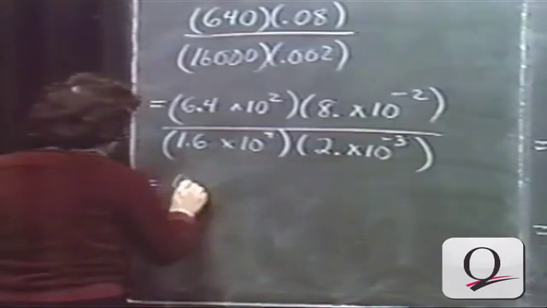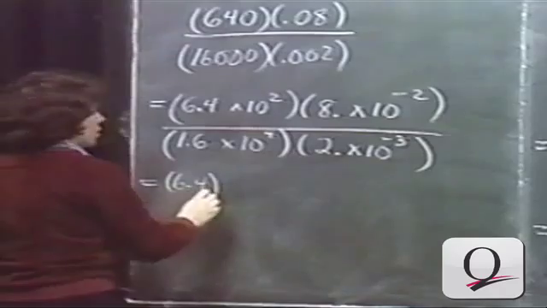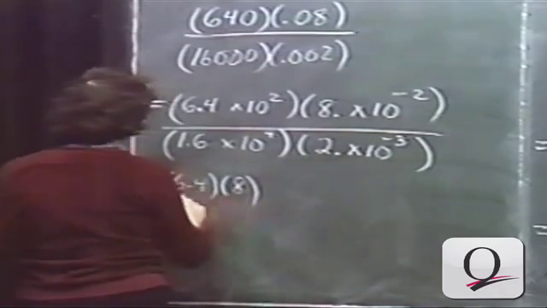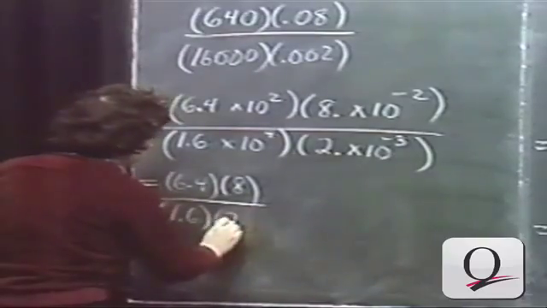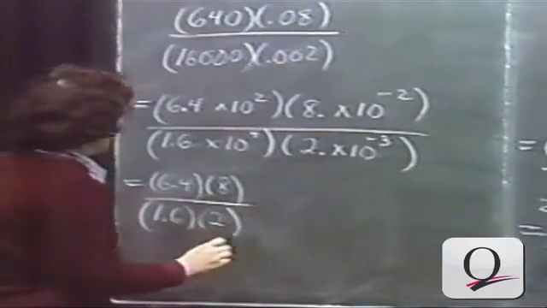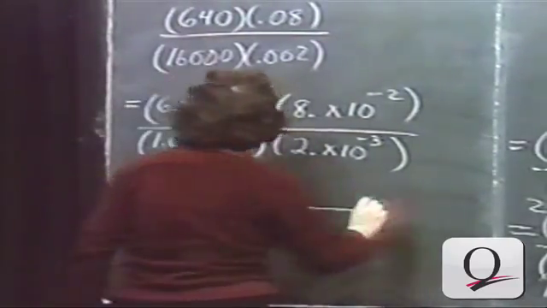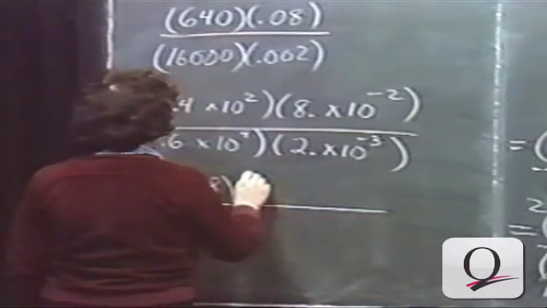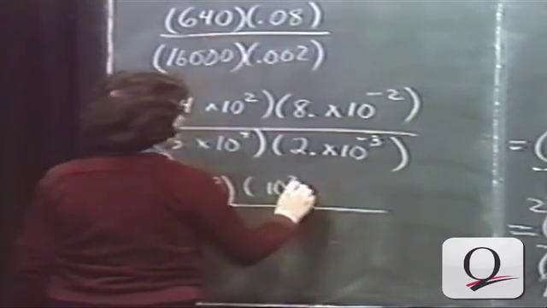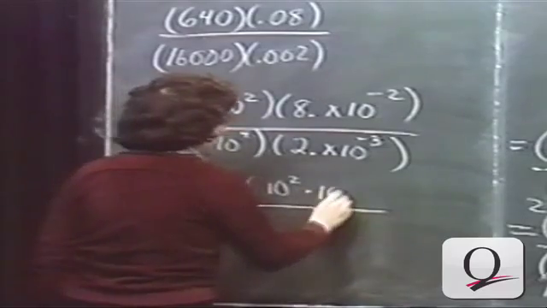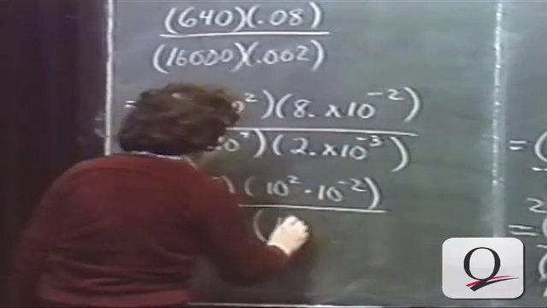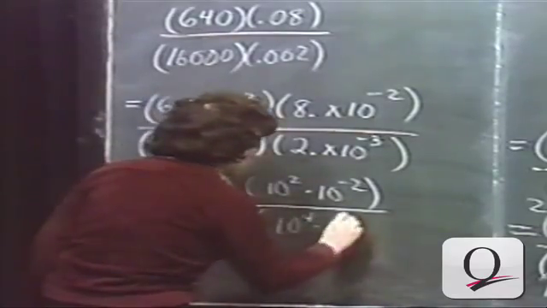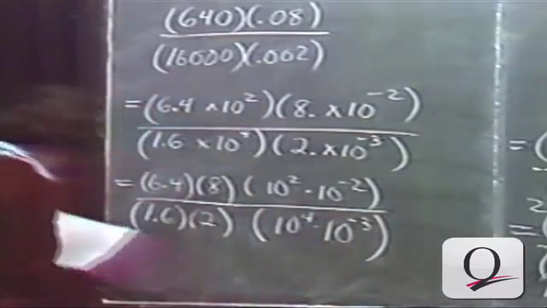Okay, we have 6.4 times 8 over 1.6 times 2. Okay, times, now here we have 10 squared times 10 to the minus 2, here 10 to the 4th times 10 to the minus 3.